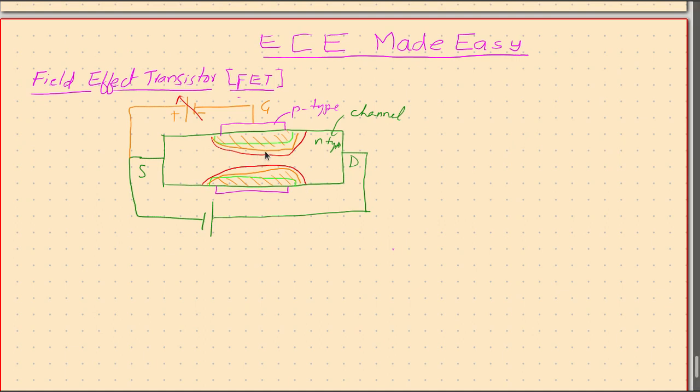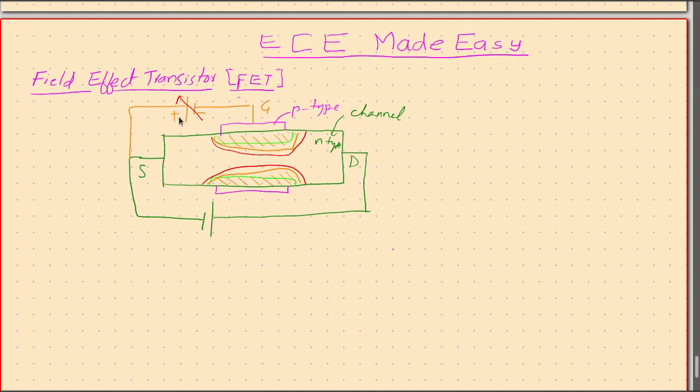By depletion layer we mean this region of the semiconductor bar is not available for carrying any current. So no current is allowed to flow in this. It's only the remaining part that will be allowed to flow.